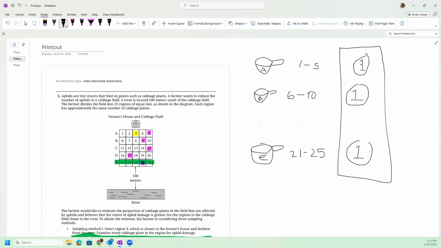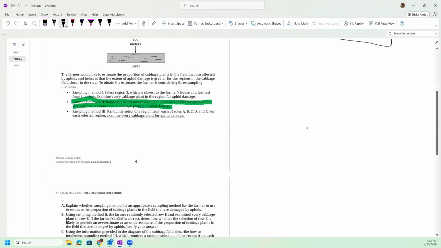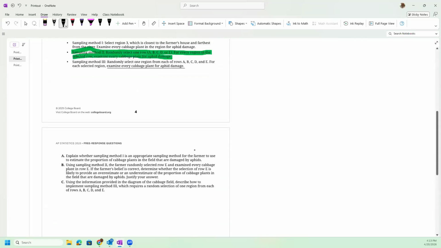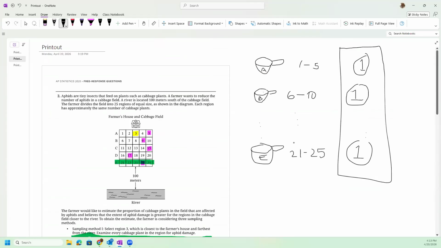So this is again the thing, when you're asked to describe a design process, the way I like to explain it is to explain it like you were telling your grandmother how to do it. Hey grandma, here's how I want you to do this. I want you to take a box. I want you to put the numbers 1, 2, 3, 4, 5 in a box. I want you to shake up the box. I want you to take a piece of paper out of the box.